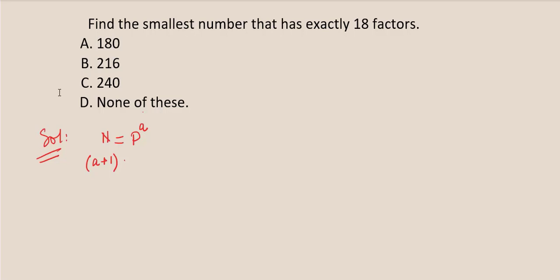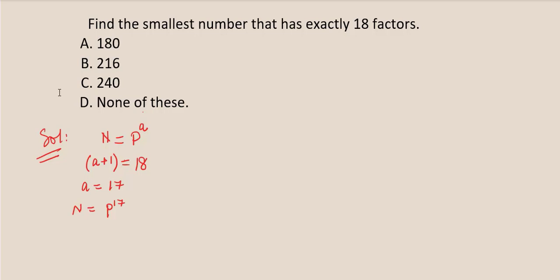To find the possible factors of n, we write the formula a plus 1, and it is given that a plus 1 is 18. So from here we get that a is 17. So the number is of the form n equals p to the power 17.